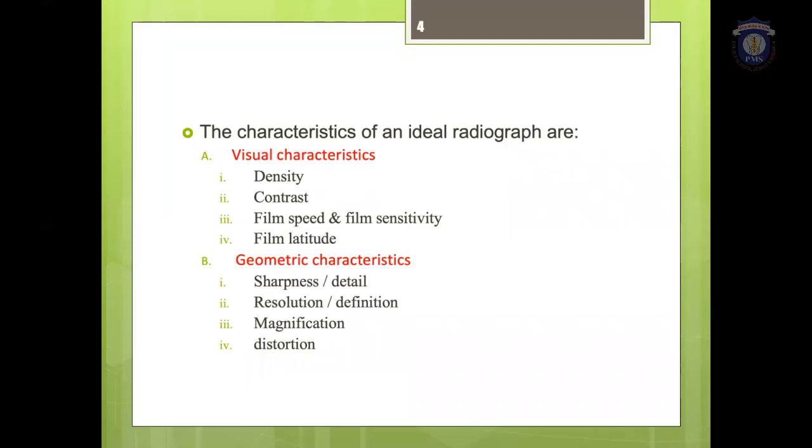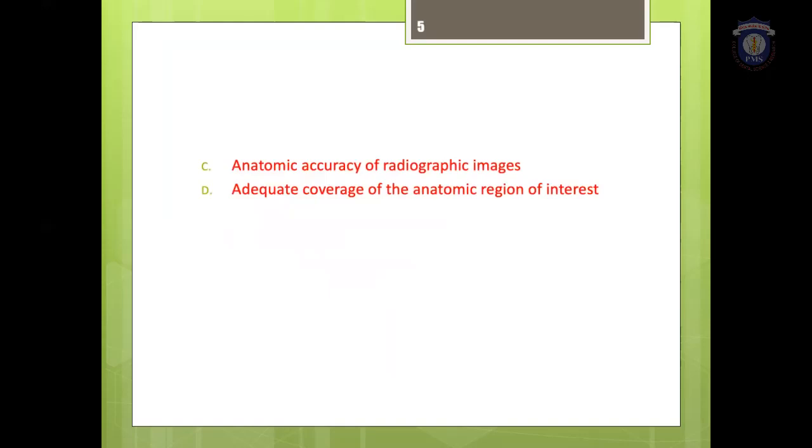The characteristics of an ideal radiograph are: the first one is visual characteristics, the second one is geometric characteristics, the third one is the anatomic accuracy of radiographic images, and the fourth one is adequate coverage of the anatomic region of interest.